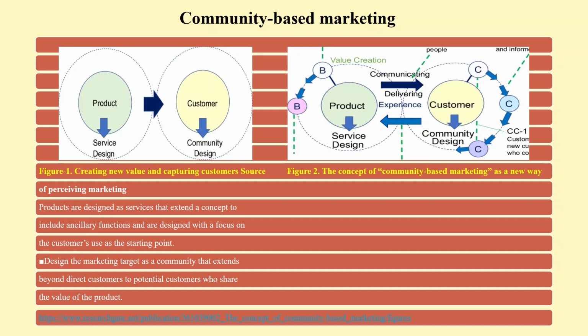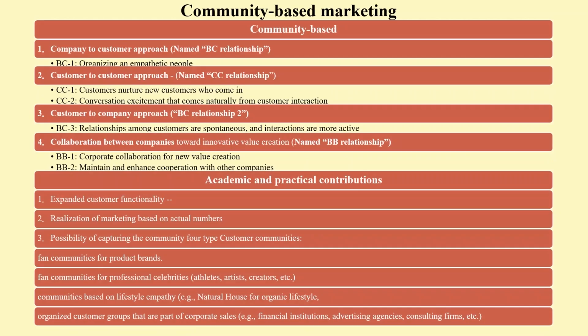Customers who become part of the community are more likely to obtain information that meets their interest. They are also able to see opinions and activities of other customers, thereby encouraging the spontaneous dissemination of information and interaction among the customers.